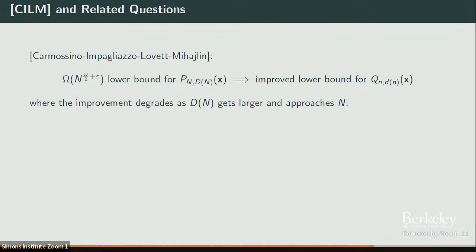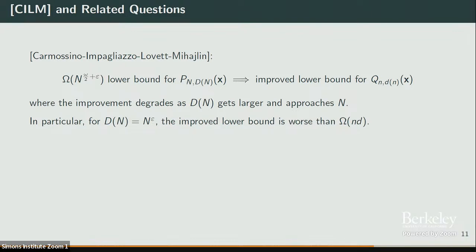But either way, what is the lower bound that we have? It is nd, right? So for CILM to start kicking in, we need the degree to be n to the epsilon. And for that, the improved lower bound that you get is worse than nd. So it doesn't really make sense.